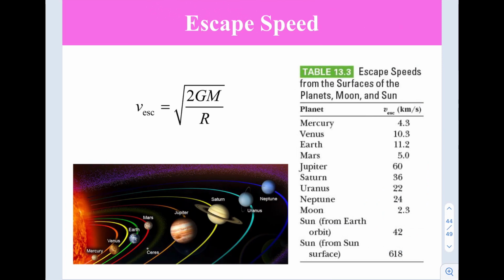So escape speed depends on the mass of the planet itself. You see here, Mercury has an escape speed of this, Venus, Earth, Mars, Jupiter, Saturn, Uranus, Neptune, Moon. All of these vary according to the mass and radius of the planets.